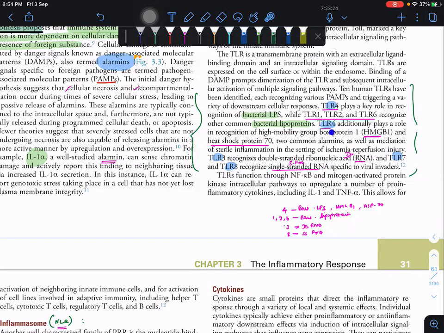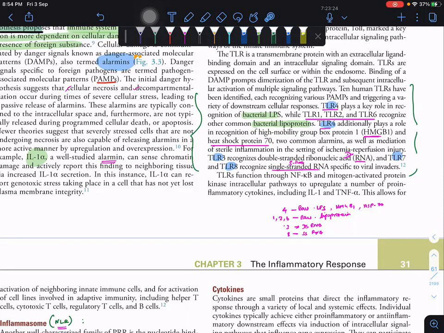TLR4 also recognizes HMGB1, which is also a DAMP similar to alarmins. We will deal with this later, it has separate MCQs. HMGB1 and heat shock protein 70 are recognized by TLR4.